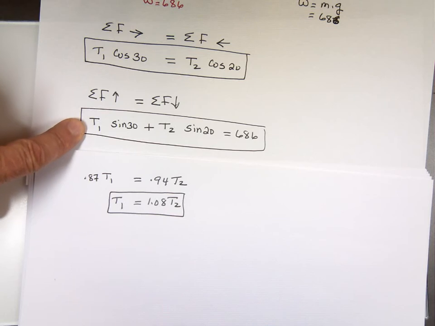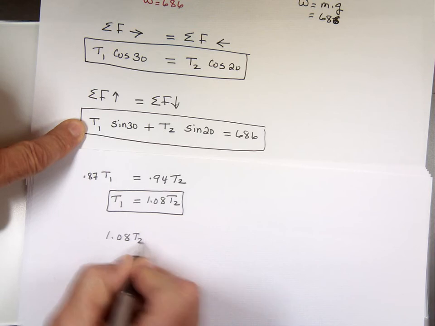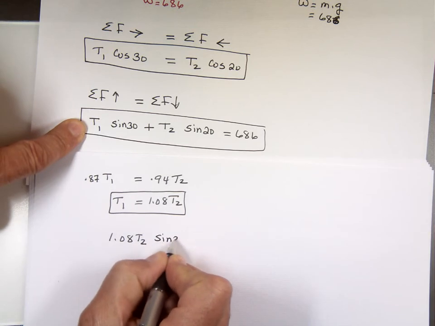In place of T1, I'm going to put 1.08 T2 sine of 30, right?